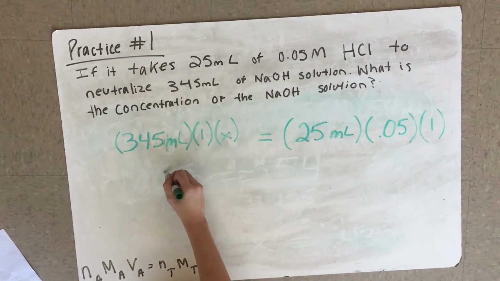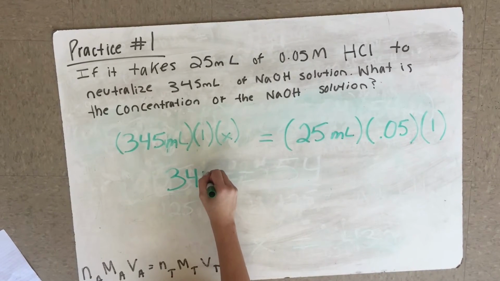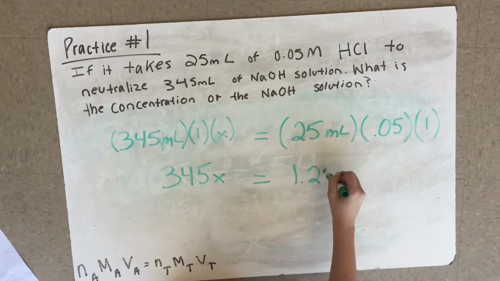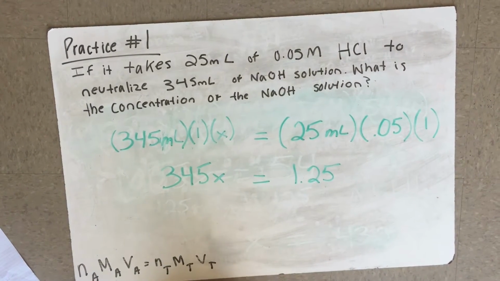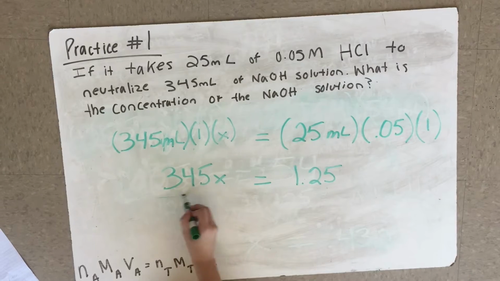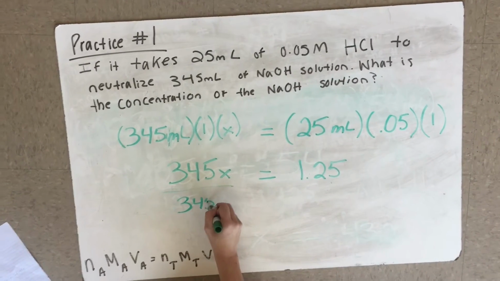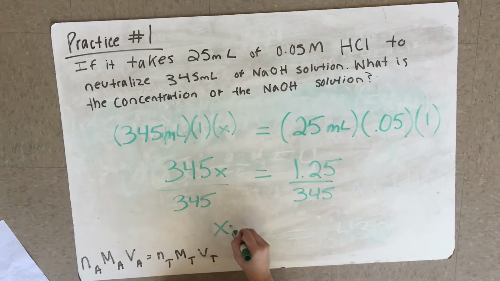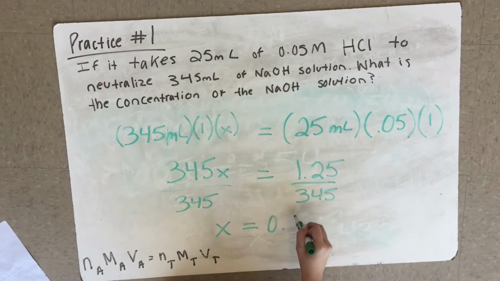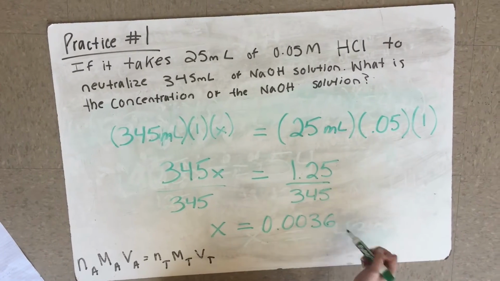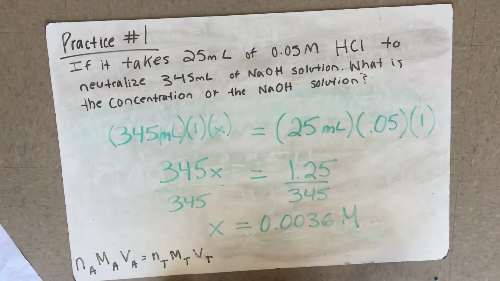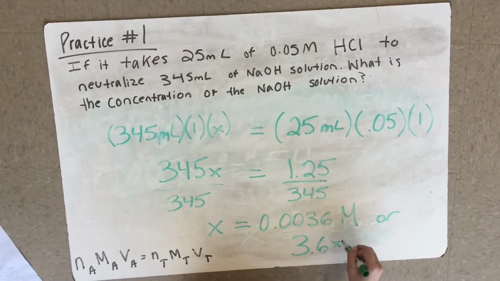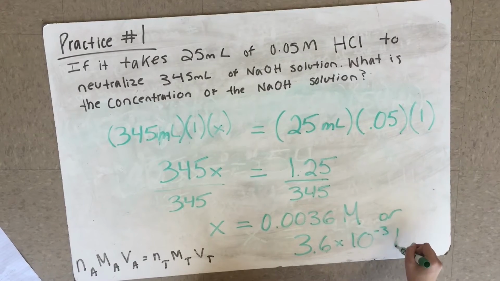Once you multiply them together, that would give you, and when you divide, this would equal 0.0036 molarity, or 3.6 times 10 to the negative third molarity.